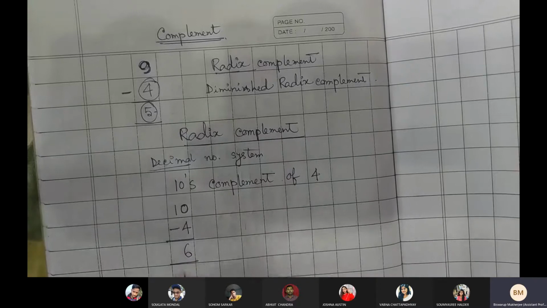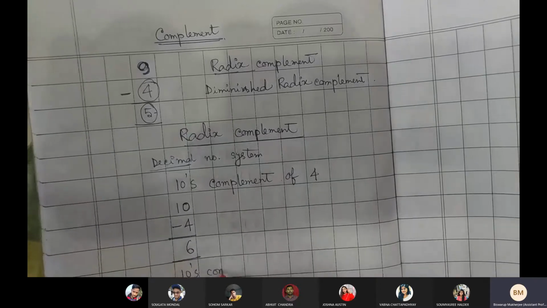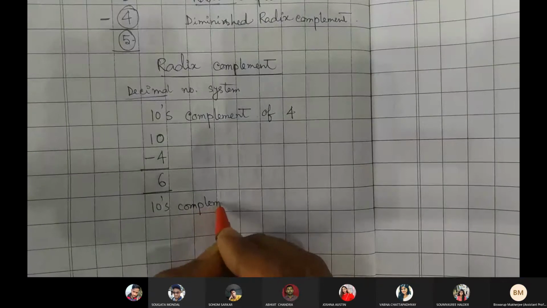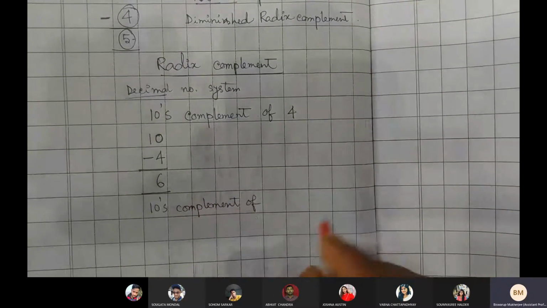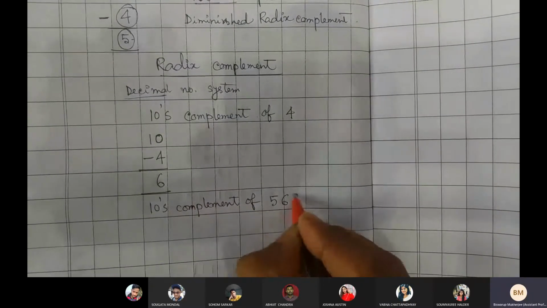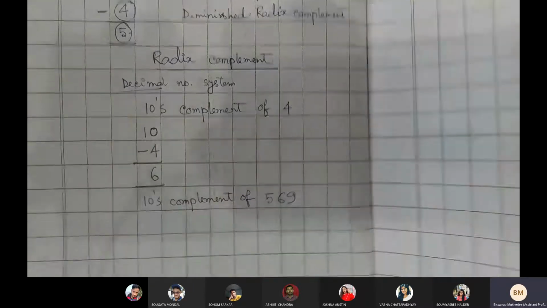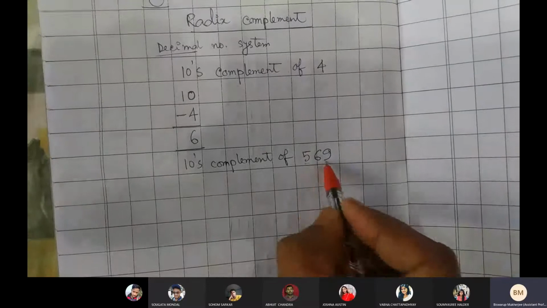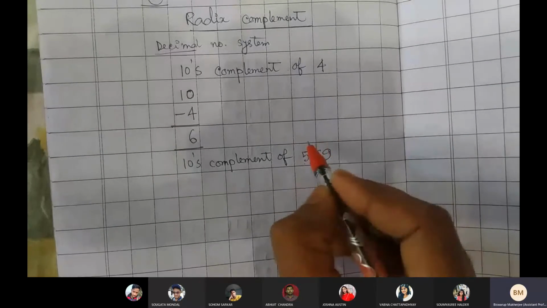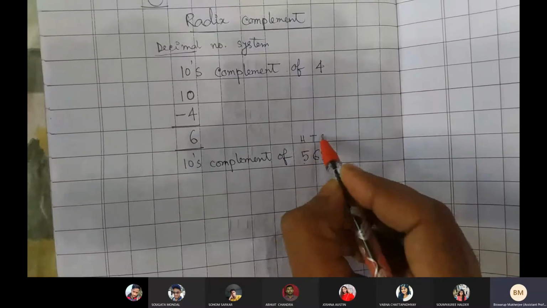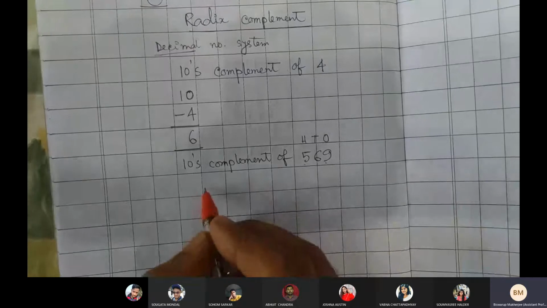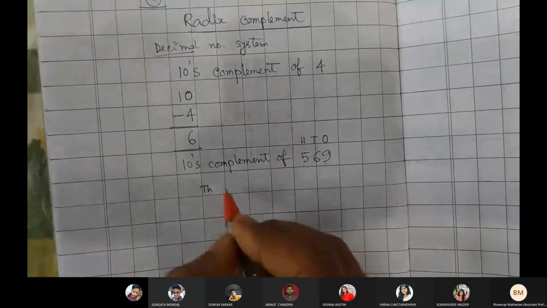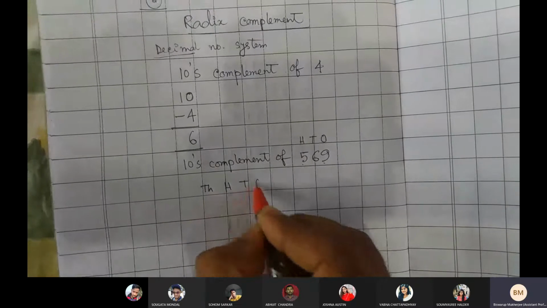Okay. Similarly, tens complement of maybe 569 is equal to, so there are 3 houses, right? So 100s house, 10s house and 1s house. So the lowest number of the next is 1000, HTO, right?